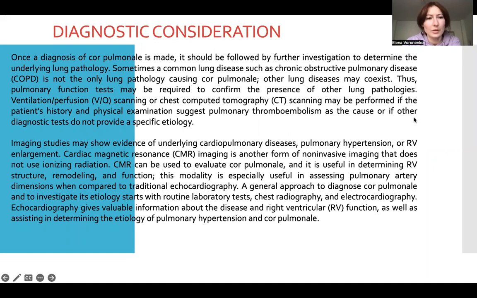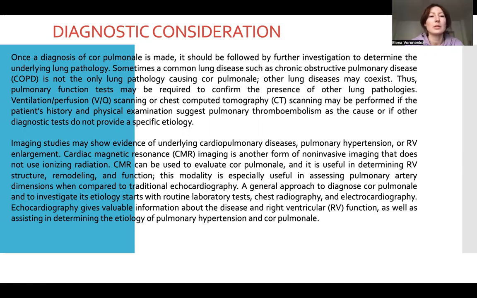Diagnostic considerations. Once a diagnosis of cor pulmonale is made, it should be followed by further investigation to determine the underlying lung pathology. Sometimes a common lung disease, such as chronic obstructive pulmonary disease, is not the only lung pathology causing cor pulmonale. Other lung disease may coexist.